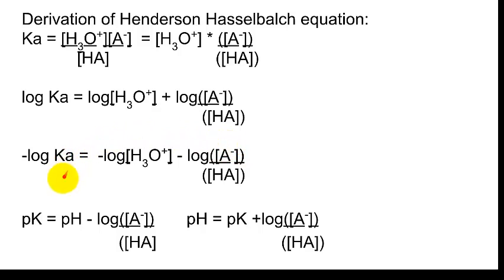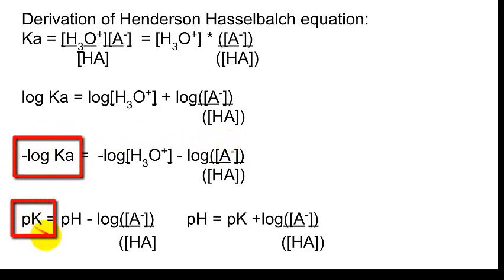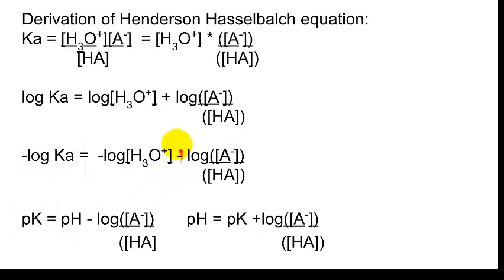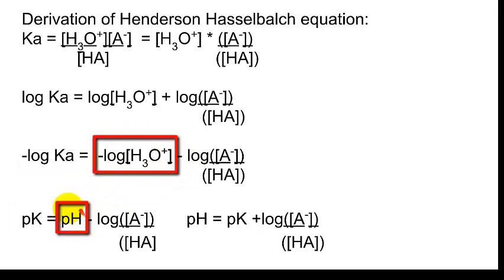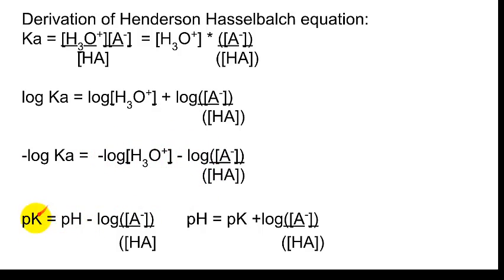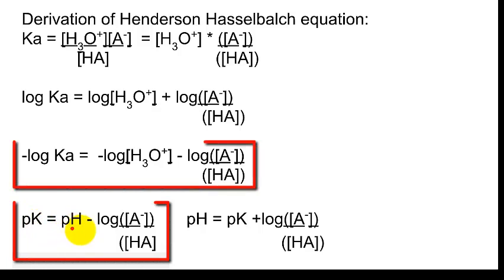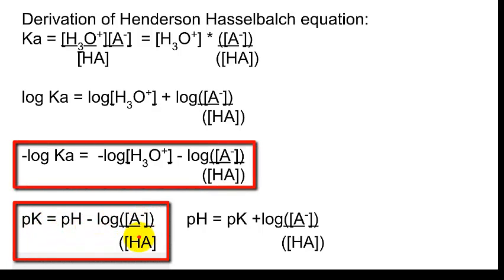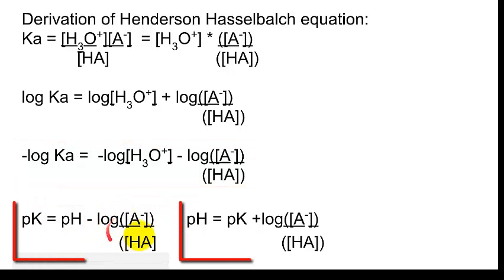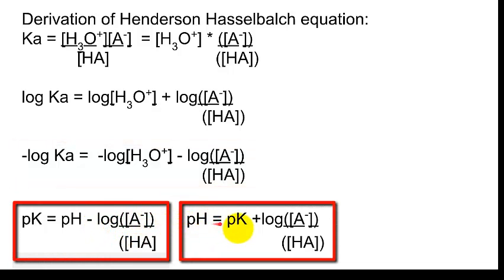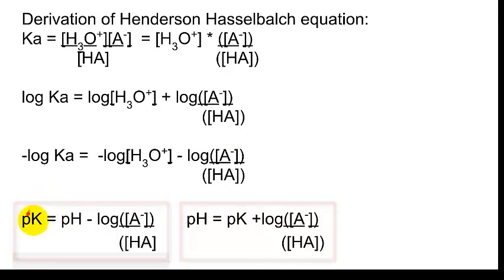But now notice that what is the negative log of the Ka? That's just the pKa. What is the negative log of H3O+? That's just the pH. So this equation becomes pKa equals pH minus the log of the ratio. Now let's just add the log of the ratio to both sides and switch it around. You get pH equals the pKa plus the log of the ratio.